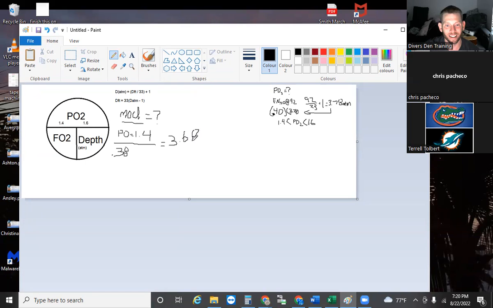3.68 atmospheres. All right, I have to convert that to depth in feet. So depth in feet equals 33 times 3.68 minus 1.